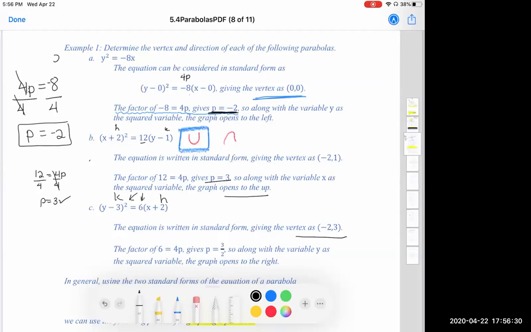I have a positive 6, so it must open to the right. Now I have to find that special value p. So we take 6 and set it equal to 4p, and we divide by 4 to get p. Those cancel. 6 over 4 is equal to p, but always simplify. So we get 3 over 2. That's our value p.